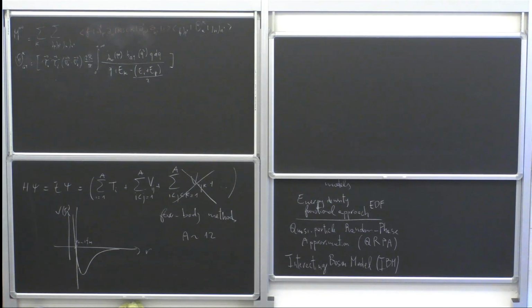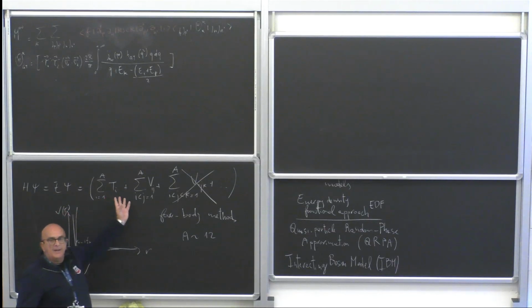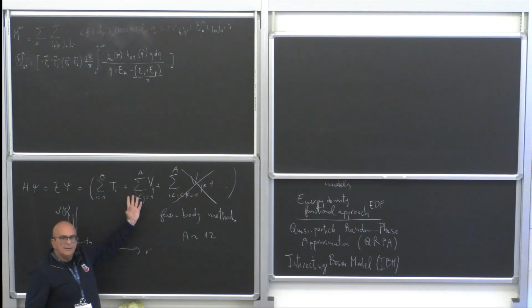But very few parameters come into play, and there are very few correlations that you can take into account with this method. So it's very simple to solve for an A-body Hamiltonian.